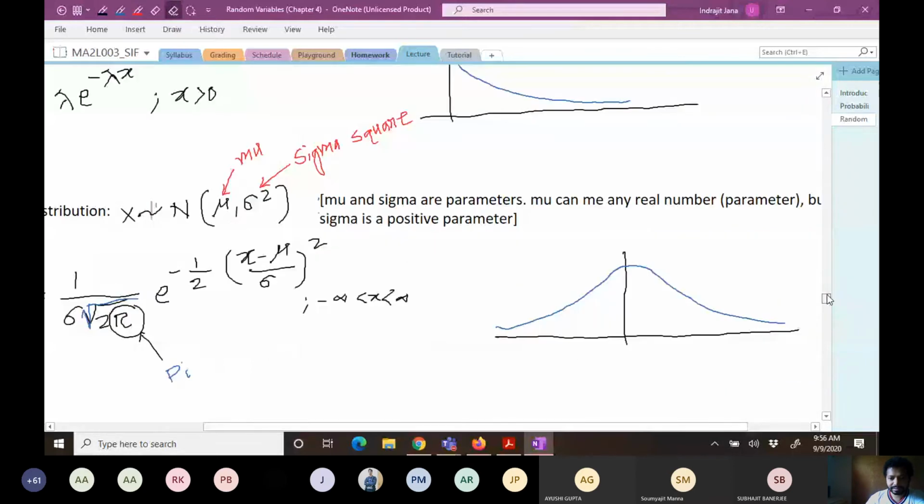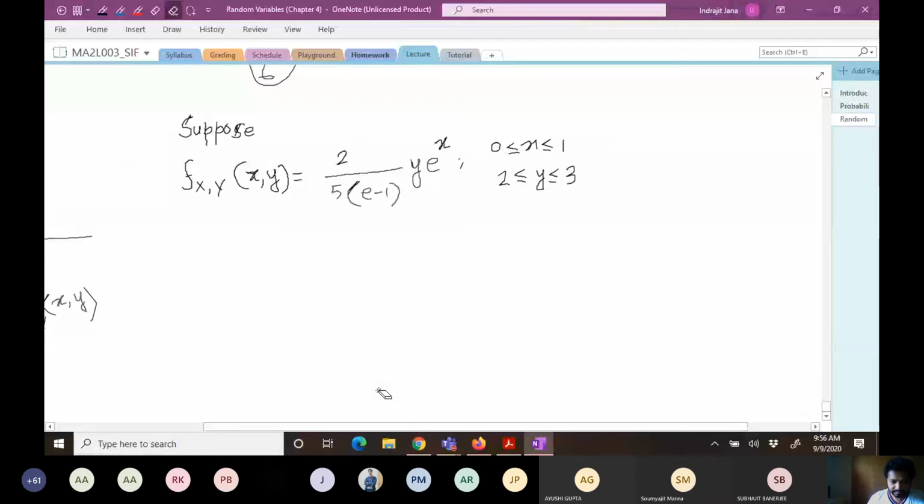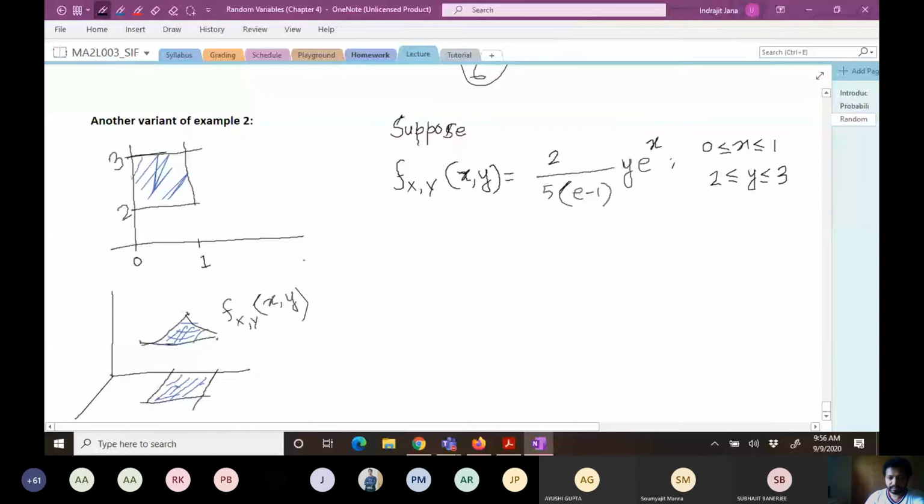In the one-dimensional case, the picture is in 2 dimensions; in the 2-dimensional case, the graph is in 3 dimensions. So if the joint probability density function is like this, it is not a uniform distribution, and still we can talk about many different things like the marginal PDFs and so on.